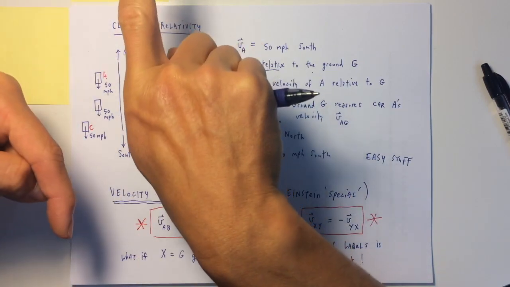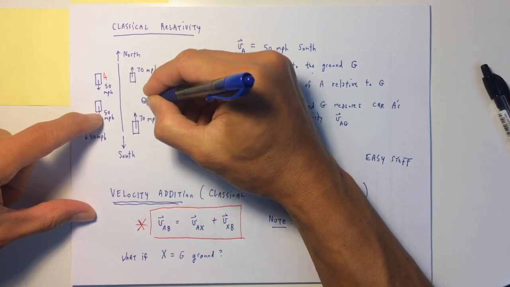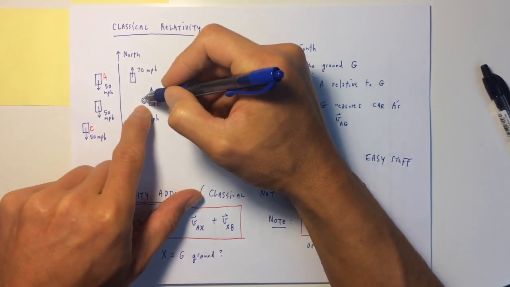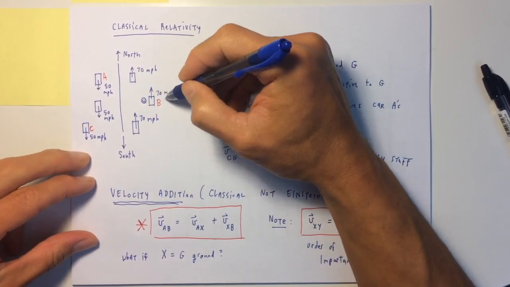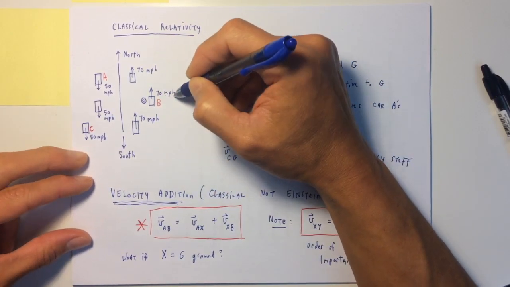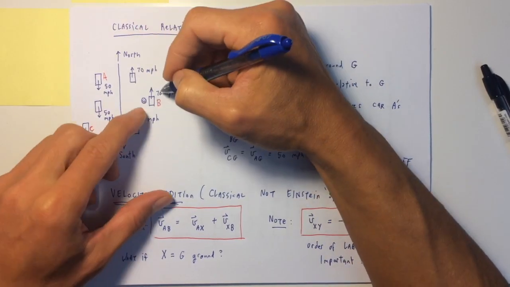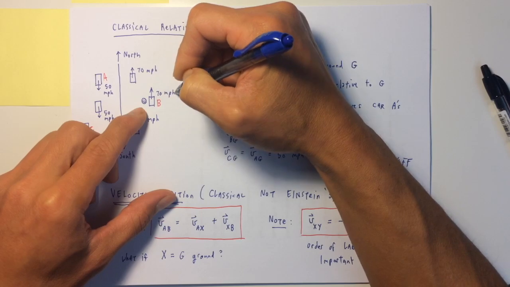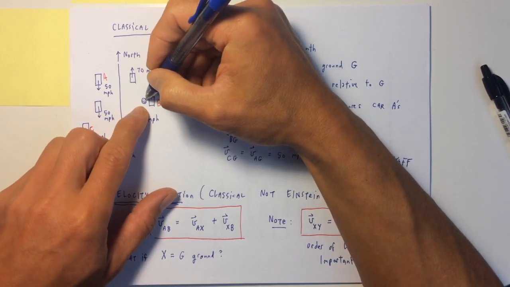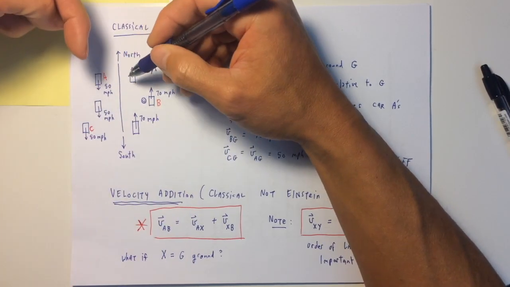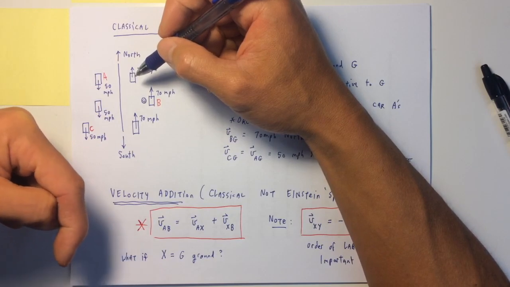So these things are going like this, but if you were an observer sitting in car B and you watch car A go by, then as you travel along, say you're traveling along at 70 miles per hour towards the north, you'll look over and you won't necessarily detect your own motion. What you're going to do is look at how fast A passes you. So A passes you very, very quickly.